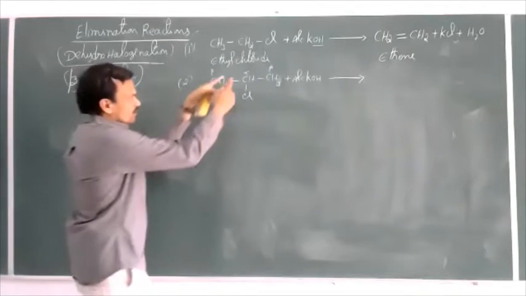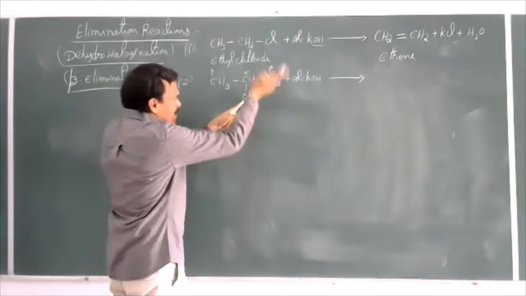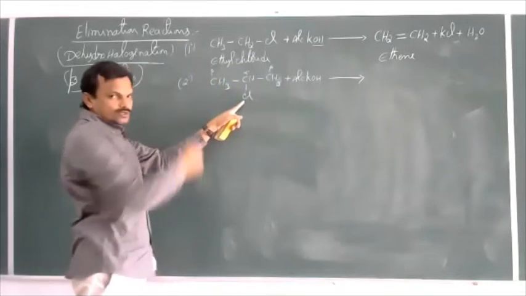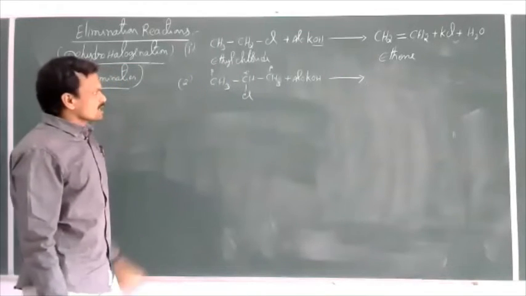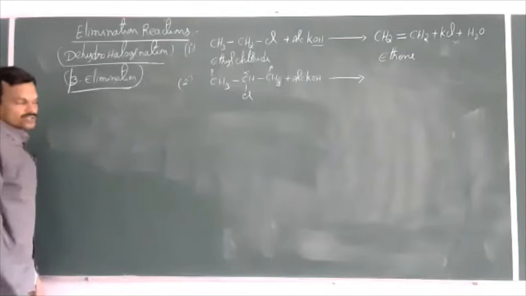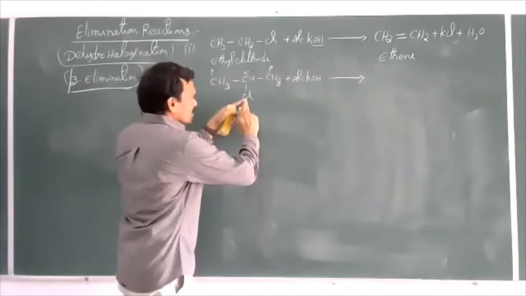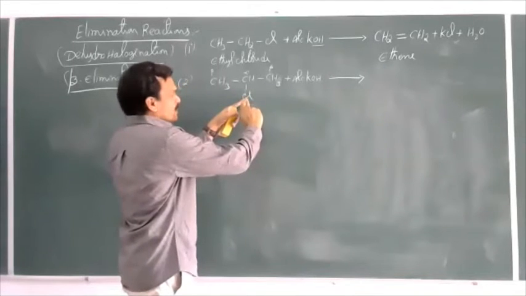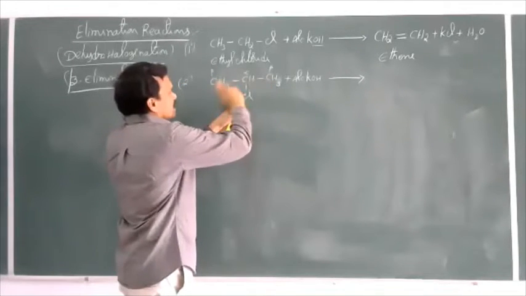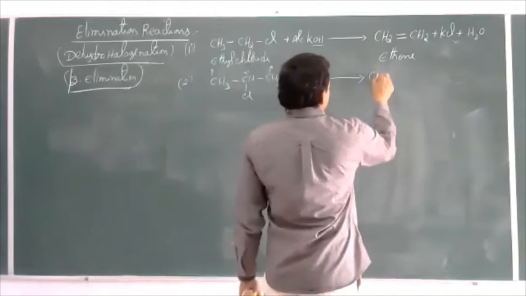So now from this carbon we will eliminate halogen, and either from this carbon or from this carbon we will eliminate hydrogen. Since hydrogen is eliminated from the beta carbon, this is called a beta elimination reaction. That is the reason. Now Cl minus can be removed from this, and H plus we can remove either from here or here. Either way both are correct, and both give the same product.